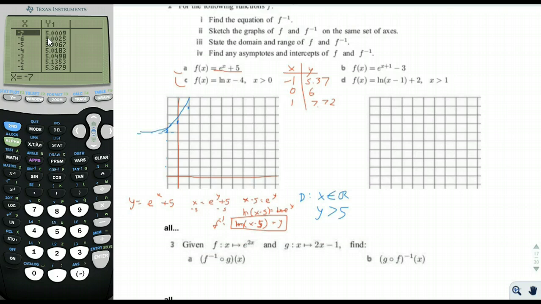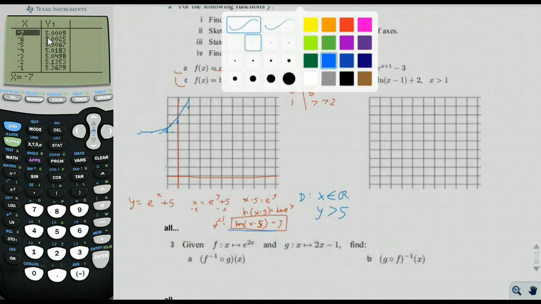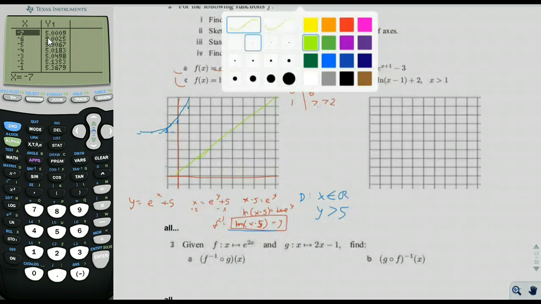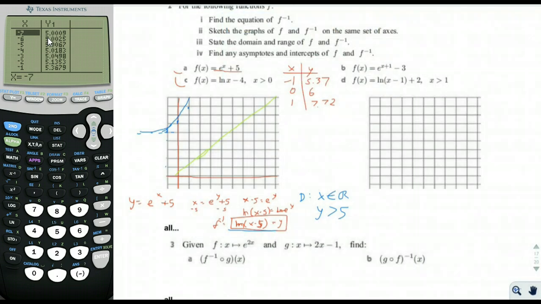Okay, and then if we were going to draw the inverse function, which is log of x minus 5 equals y, the easiest thing to do would be to draw the reflection line here, and then reflect this graph about the reflection line.